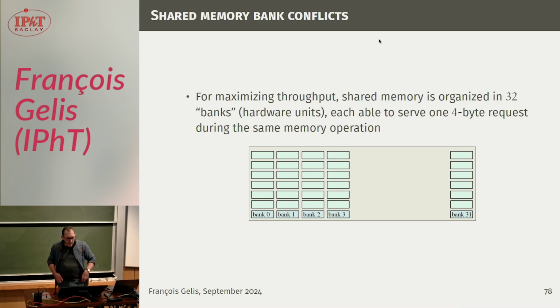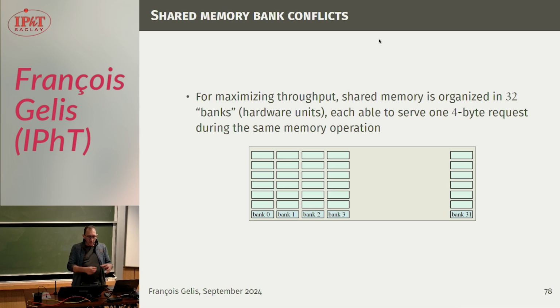So another important property of shared memory that I want to describe has to do with how it performs, or more exactly, how to maximize its performance. For this, you need the following information: shared memory on a given streaming multiprocessor is organized in what they call banks, and there are 32 of them.